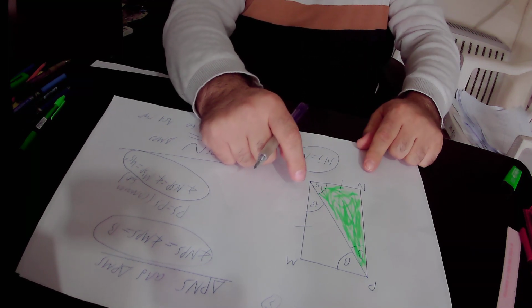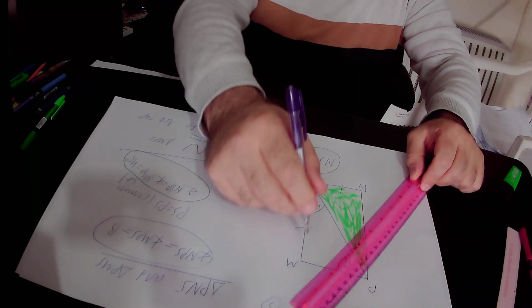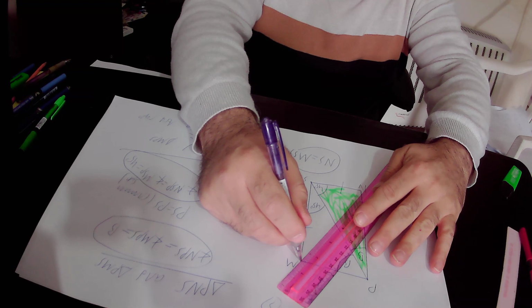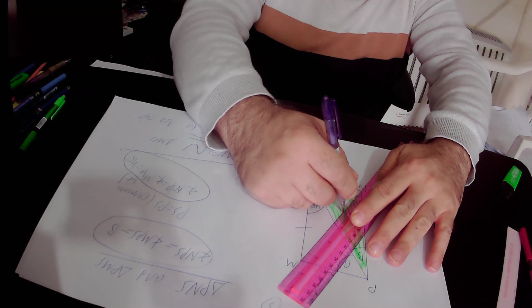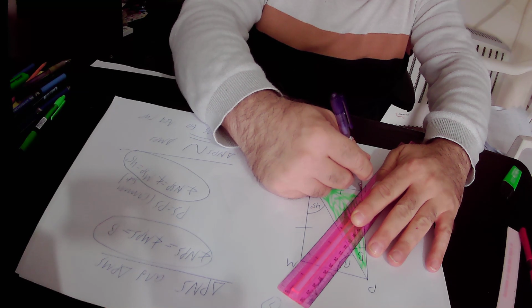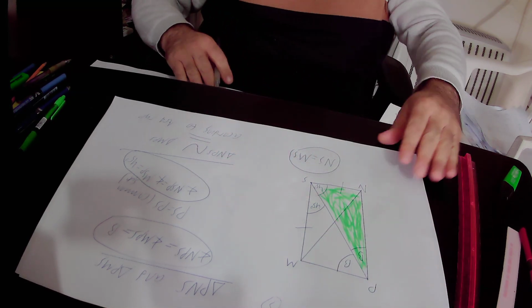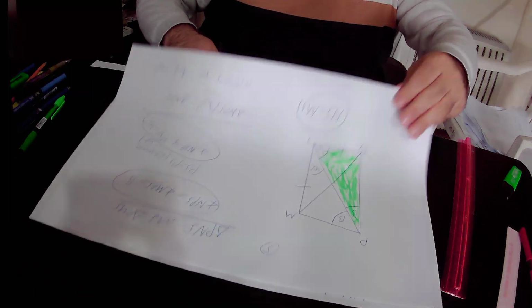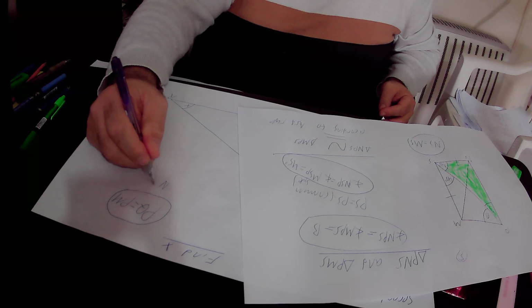Okay, so we will join together points M and N by a straight line, and I will draw triangle MNS in a new page. So we can write here that MS equals NS.